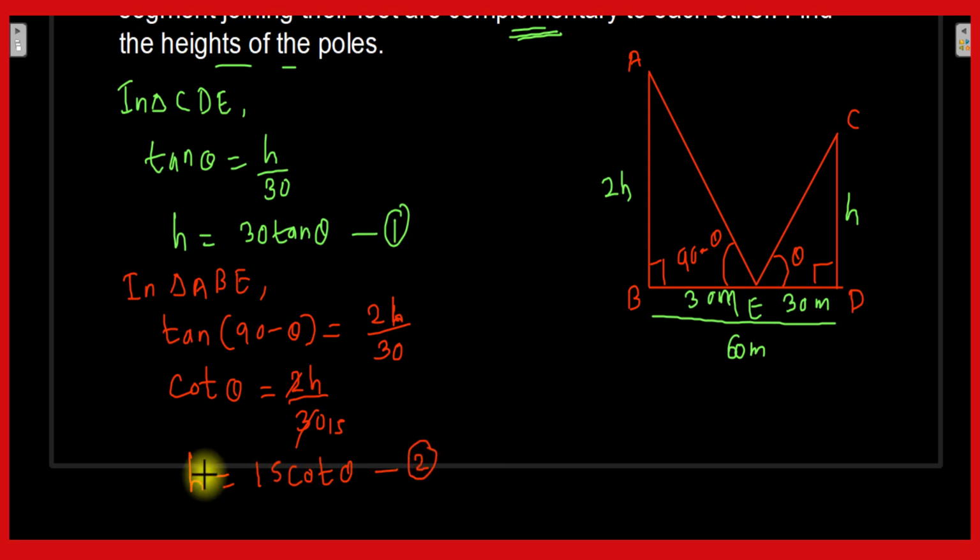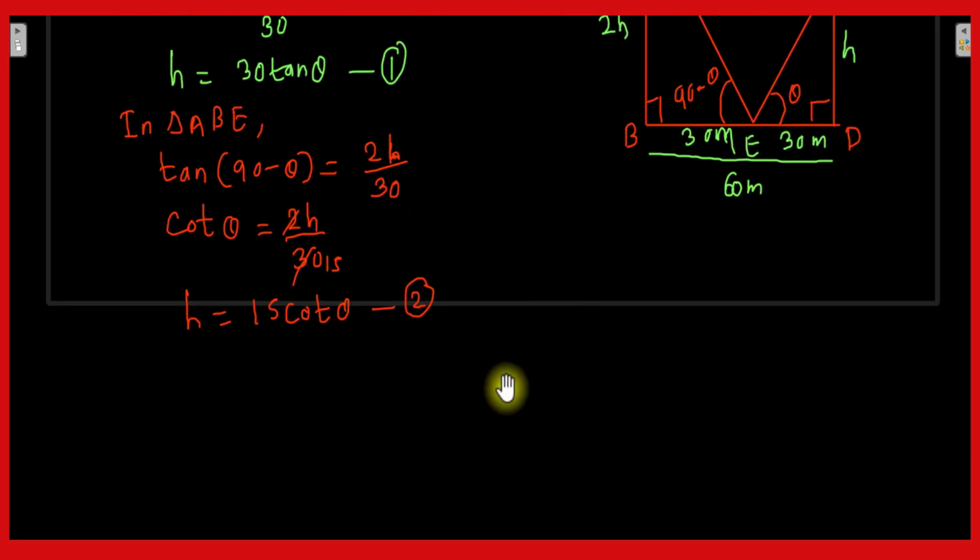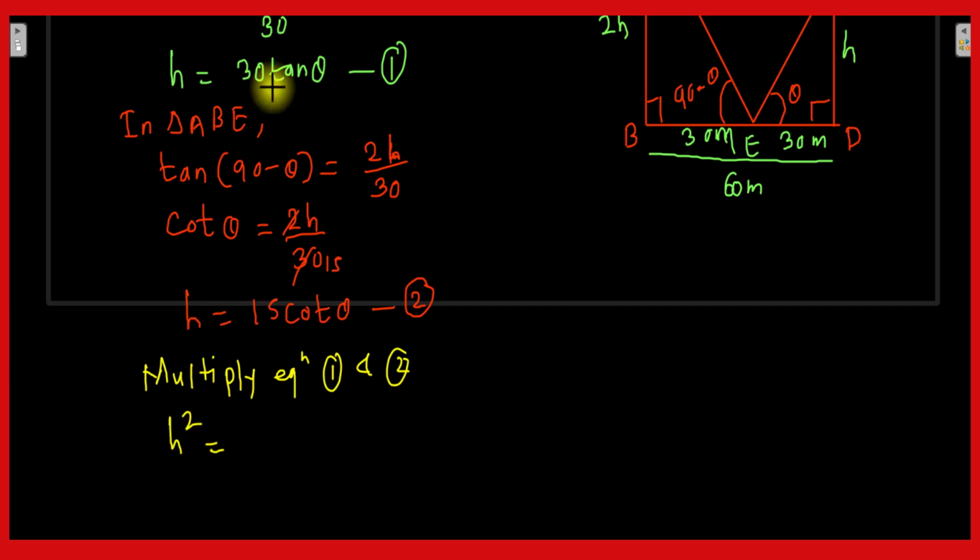So here you have got h is equal to 15 cot theta, and here you have got h is equal to 30 tan theta. This can be solved further by multiplying equation number 1 and 2. Multiplying, we have h into h, that is h square, equal to 30 tan theta multiplied by 15 cot theta.